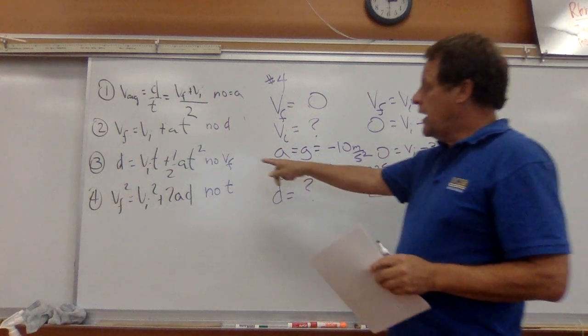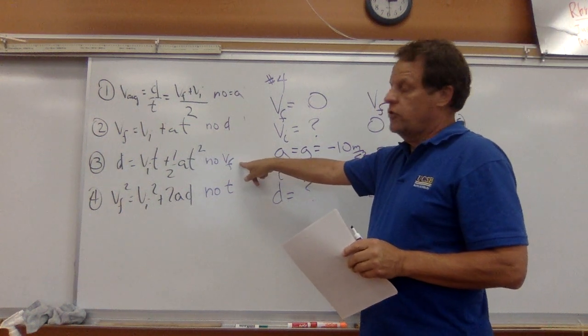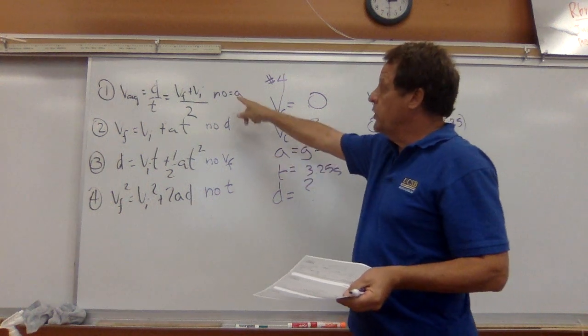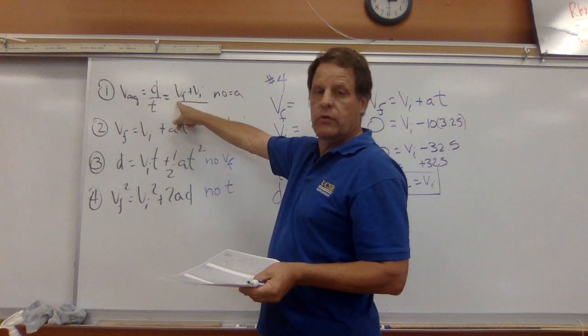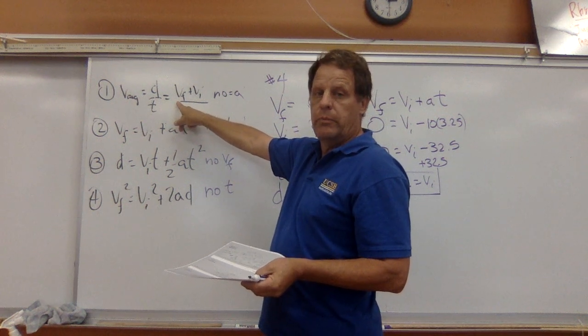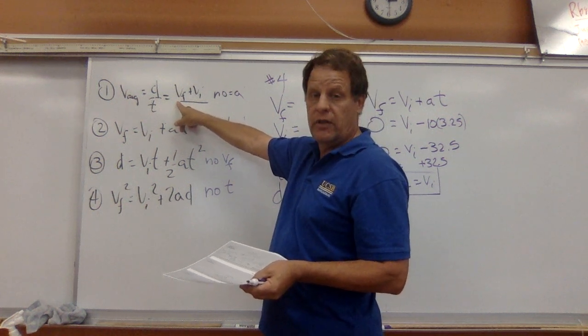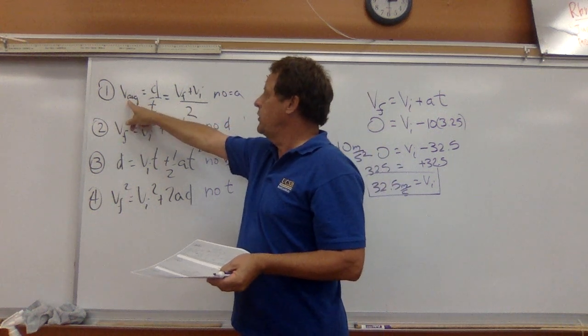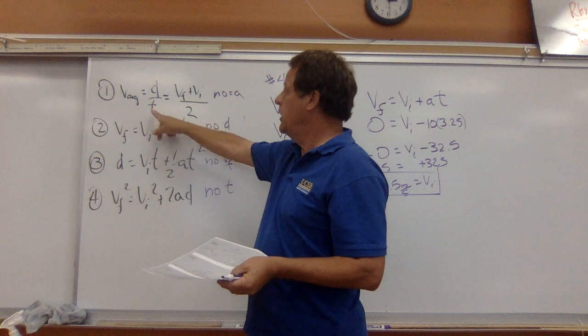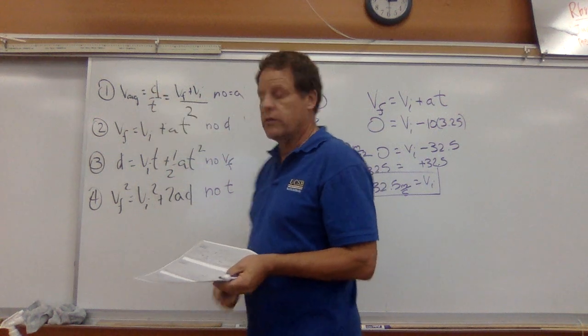So now we can go into, let's say, equation number 3. We could go up and figure out the average velocity, which would be about 16.125, and with the time of 3.25 we could calculate the distance there.